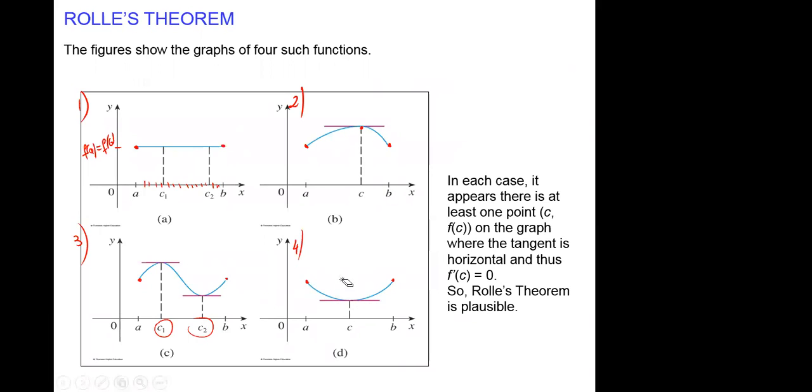This theorem is just telling me that the number c exists, with the condition that the derivative at c is 0, or the slope of the tangent at c is 0, the tangent line is horizontal.